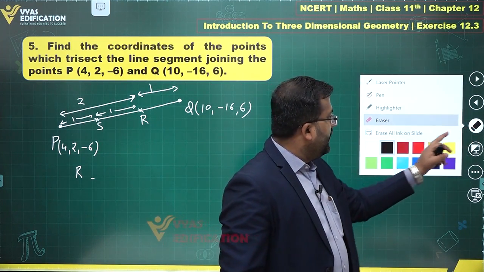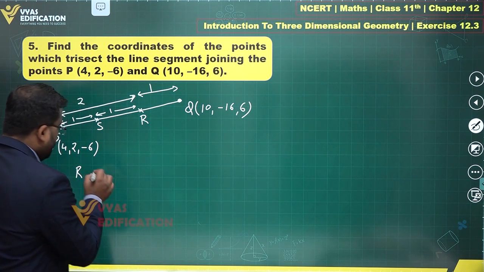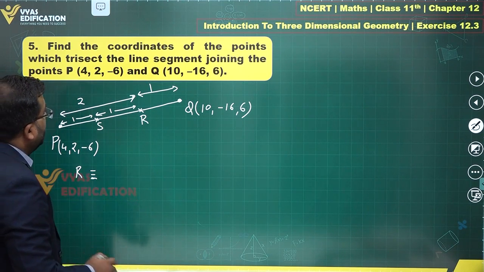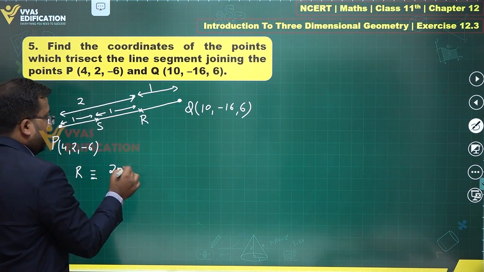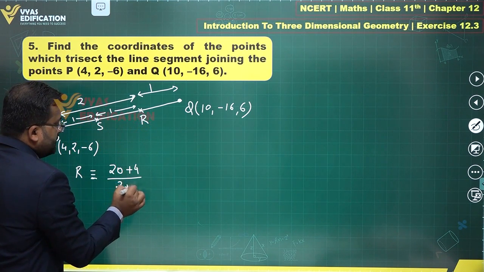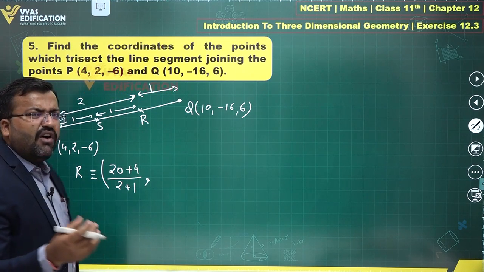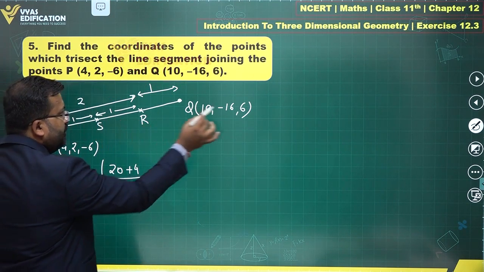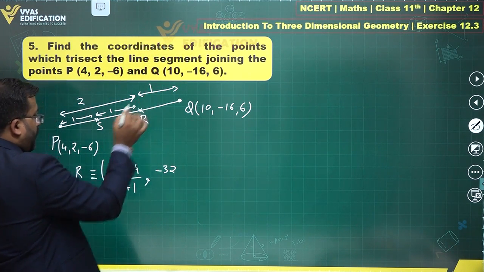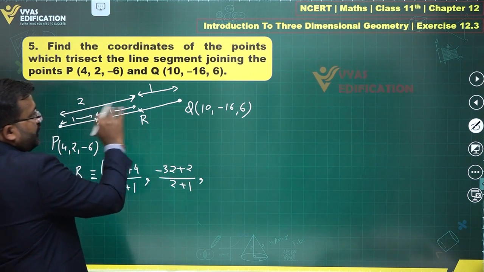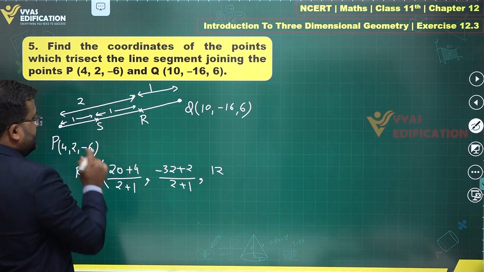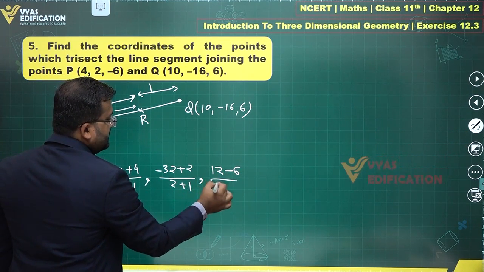as you can see over here, (2 into 10, 20, plus 1 into 4) upon 2 plus 1. The y coordinate will be (2 into minus 16, minus 32, plus 1 into 2) plus 2 upon 2 plus 1. The z coordinate: 2 into 6, 12, plus 1 into minus 6, minus 6, upon 2 plus 1.